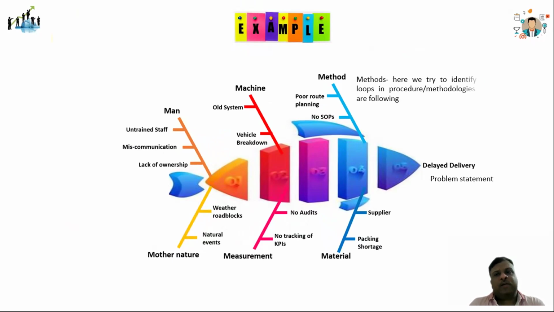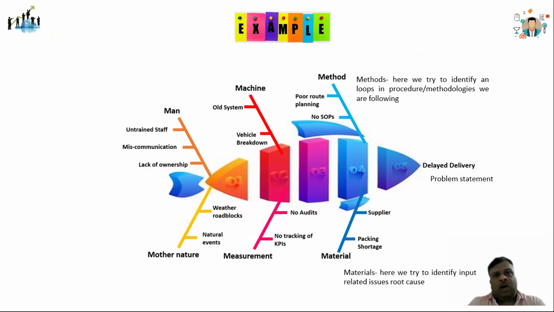Here, I try to understand any loopholes in the process or the methodology we are using, for example, poor route planning or no SOPs. Then we think about the materials which may cause delay in delivery, like the supplier might not have supplied the material on time, or lack of packaging material.